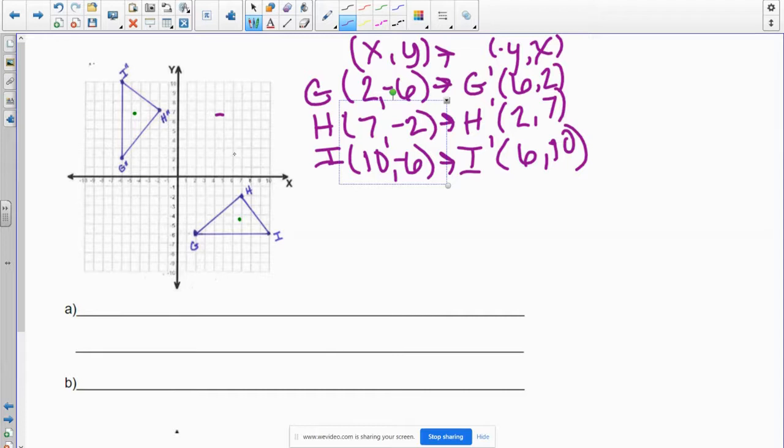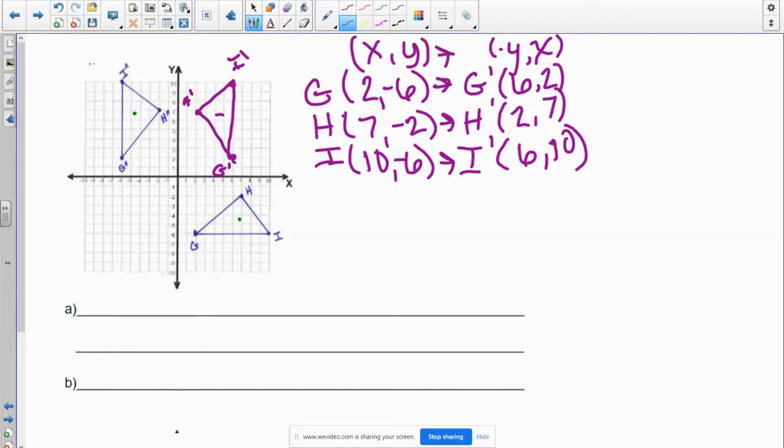So 6, 2 would go here, and that would be G prime. Then we have 2, 7, which is H prime, and then 6, 10, way up there, would be I prime. So try your best to draw as straight a line as you can.